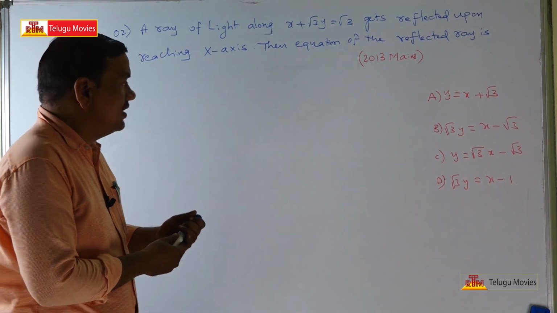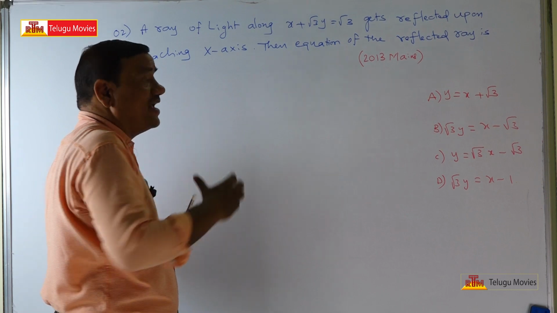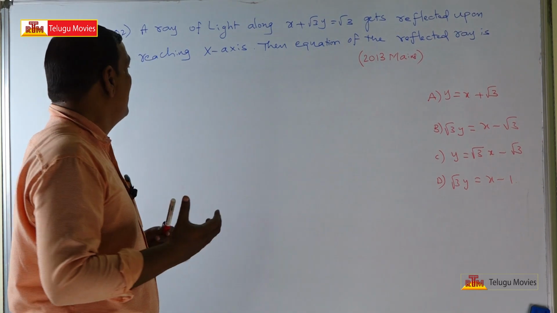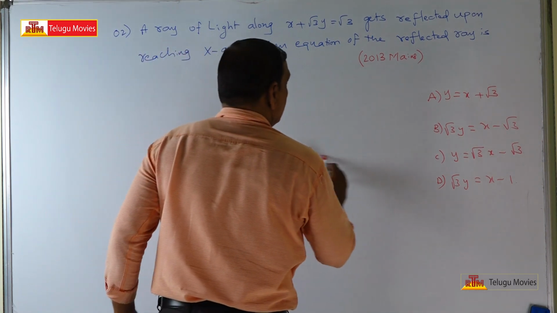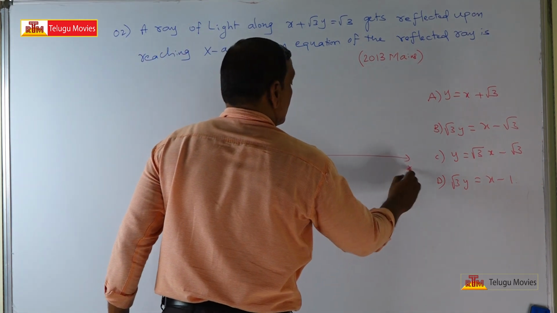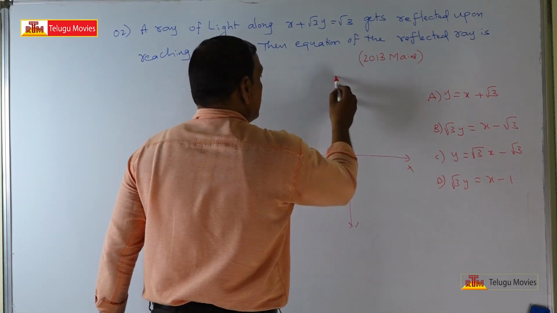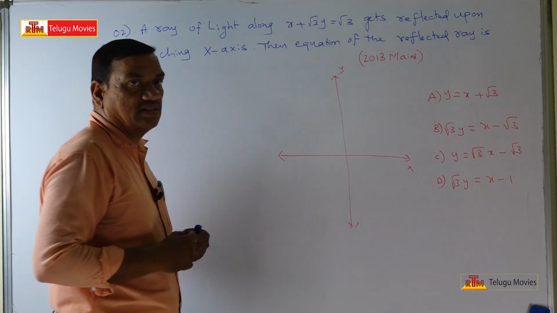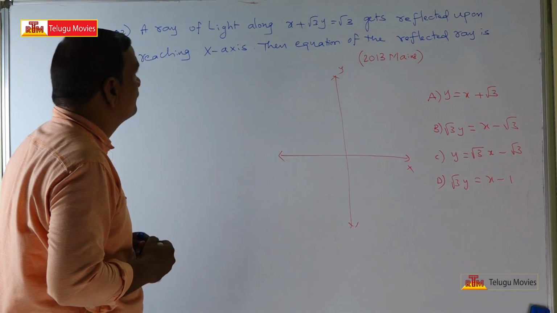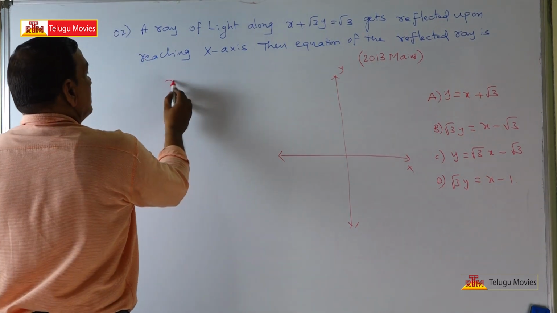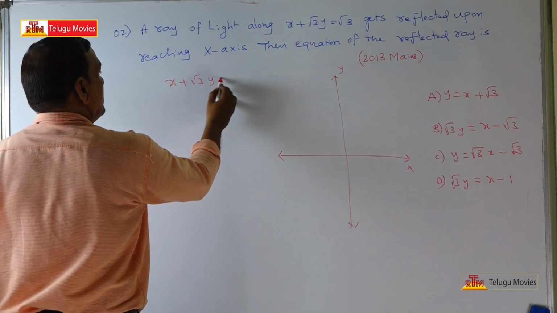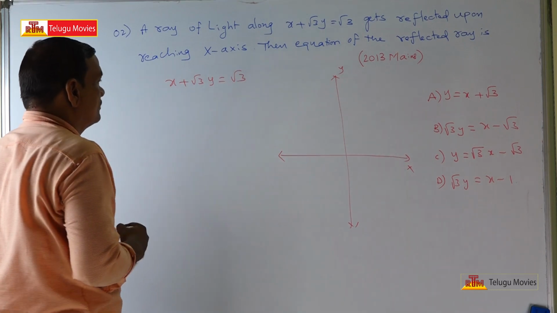See here, there is a ray, and it gets reflected upon reaching the x-axis. That means this is the x-axis and this is the y-axis. The ray of light is x plus root 3y is equal to root 3.